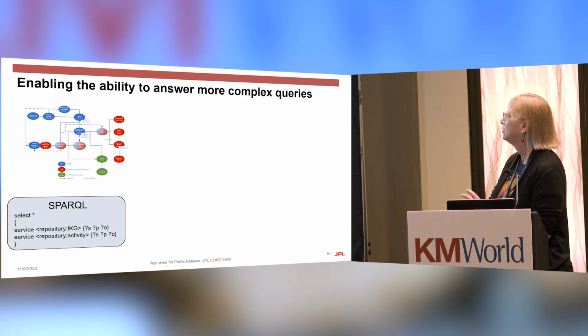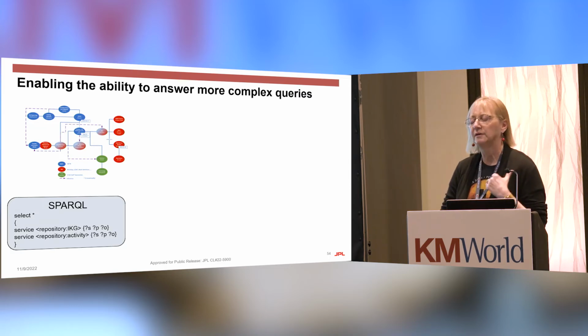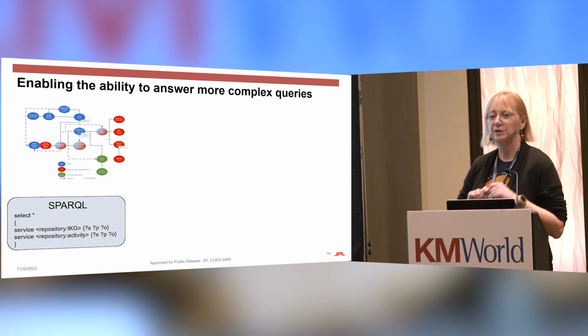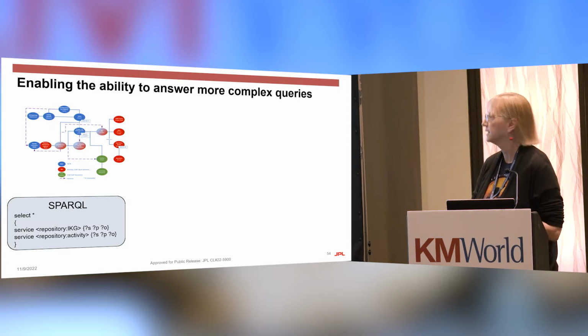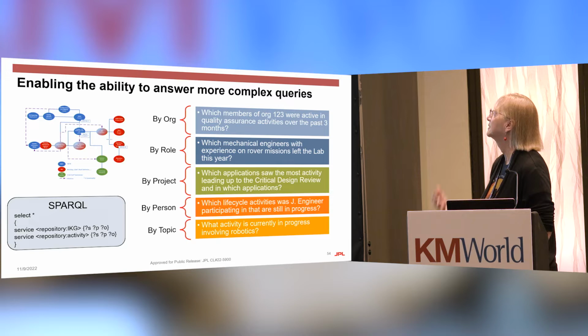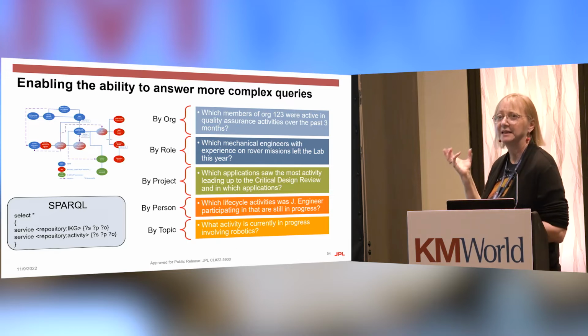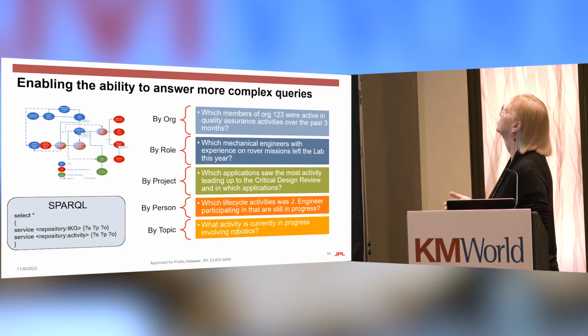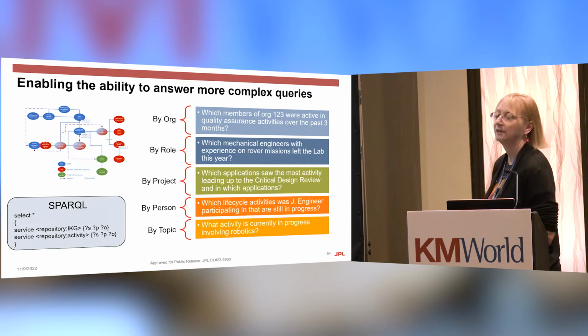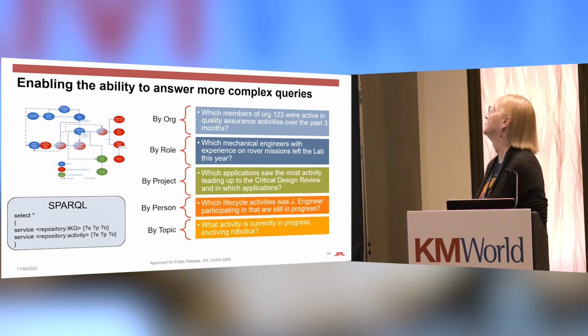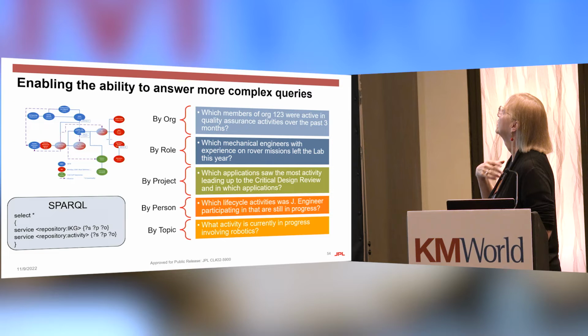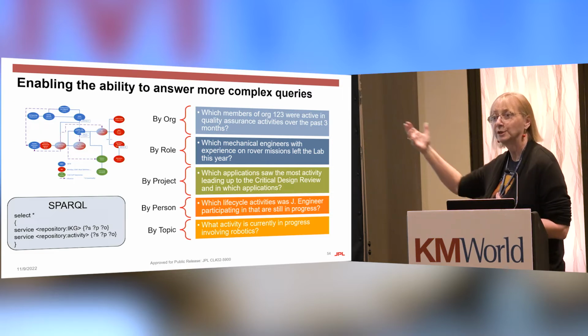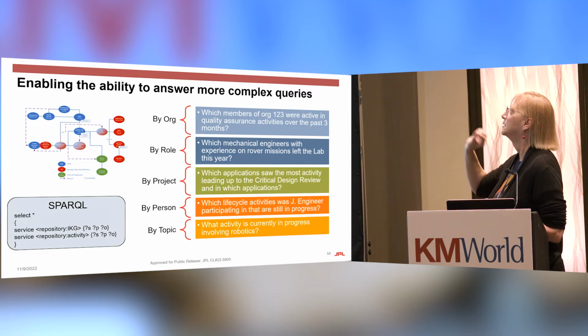So now we can use that federated query that Bess talked about to point to these 2 data sets and start slicing and dicing across this information: which members were active in quality assurance during this time, which mechanical engineers have experience on rover missions, because we have that data.